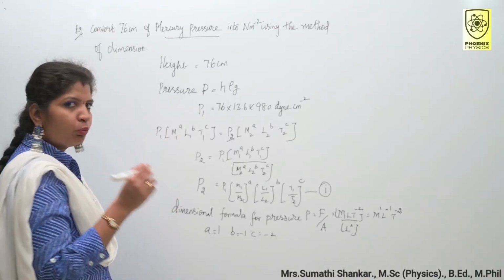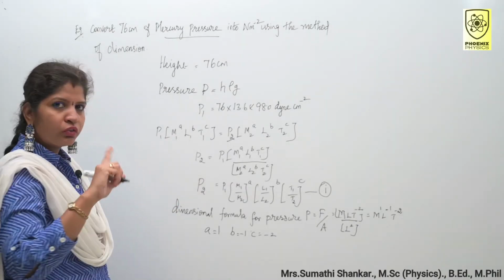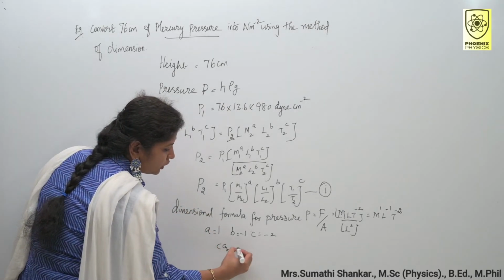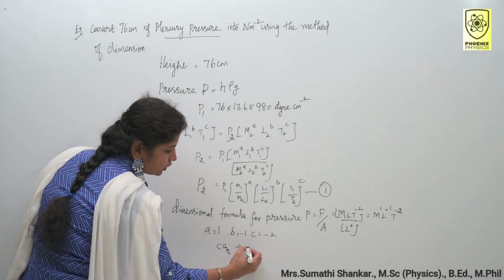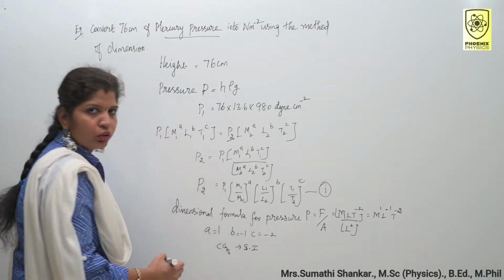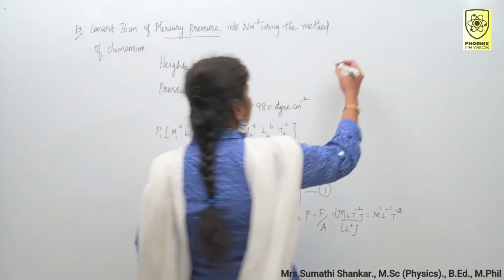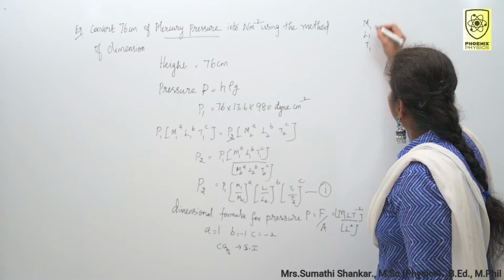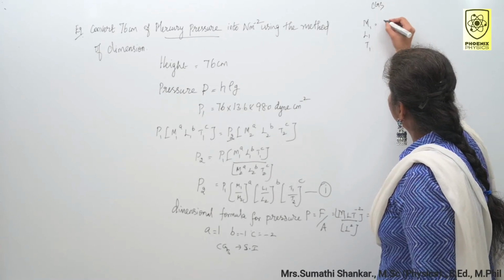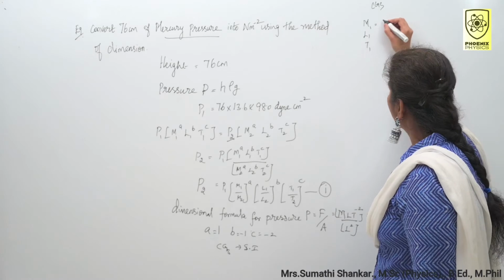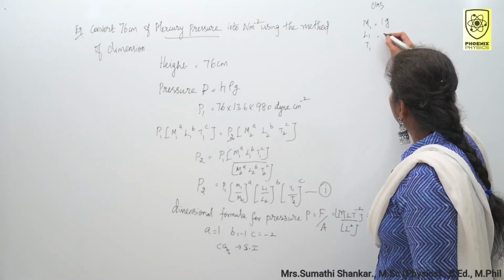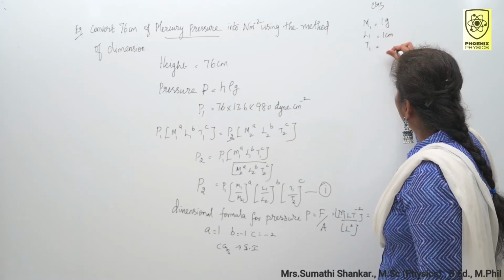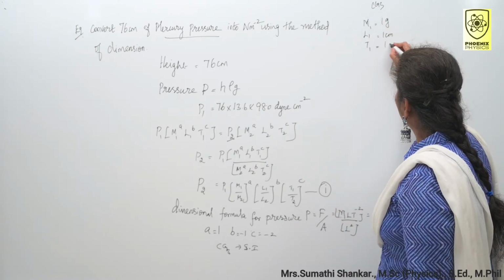Next our motto is to convert one system of unit to another system of unit, that is from CGS to MKS or SI unit. If it is CGS, then M1 L1 T1: in the CGS unit, M1 is equal to 1 gram and L1 is equal to 1 centimeter and T1 is equal to 1 second.